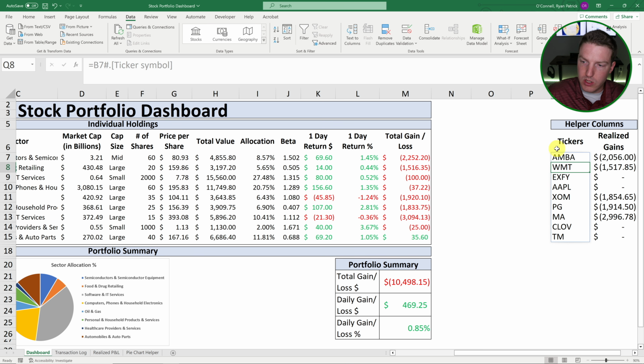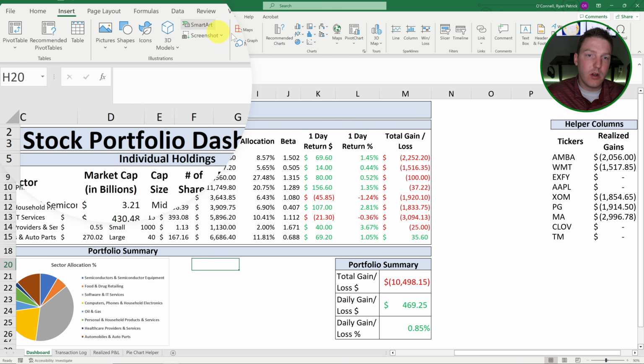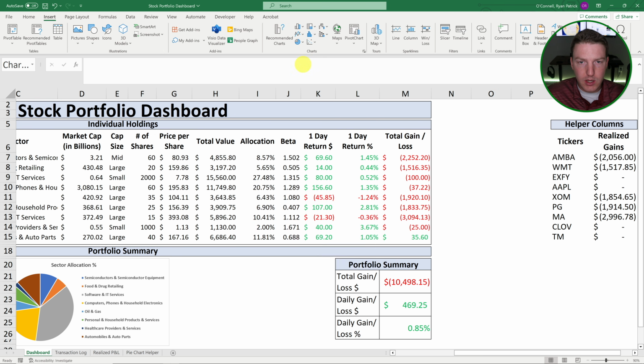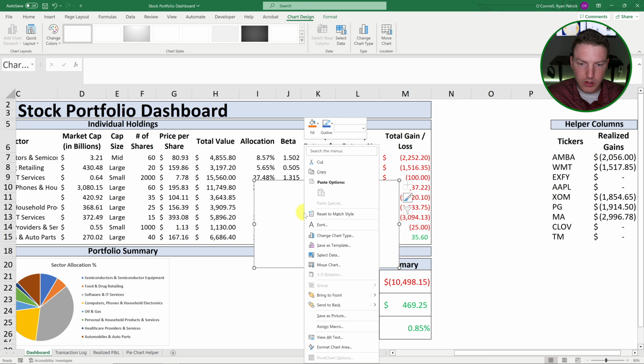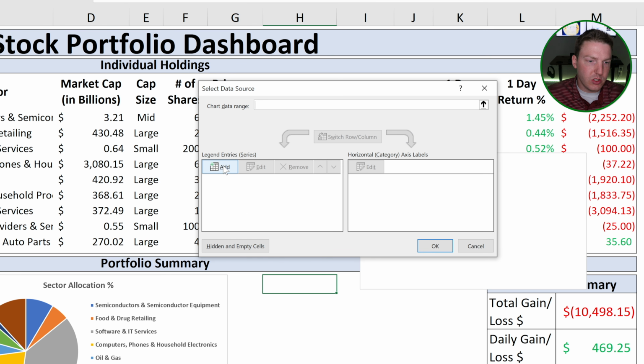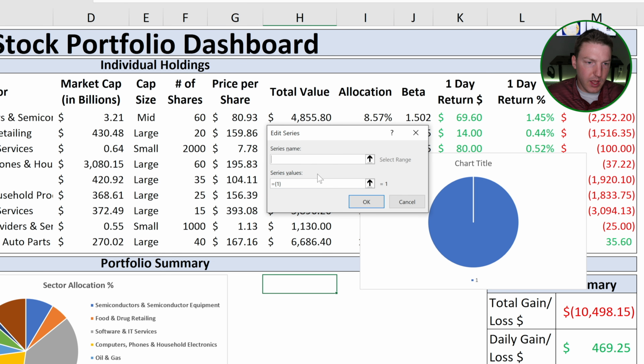And so we've got all of our tickers, and we're going to use these as the horizontal axis for our new pie chart. So let's go to insert and then to pie charts, 2D pie, and it's going to be a blank pie chart. I can just right click on it, hit select data. Now I need to add the legend entries. So the series, I'll add that. It's going to just be called allocation initially.